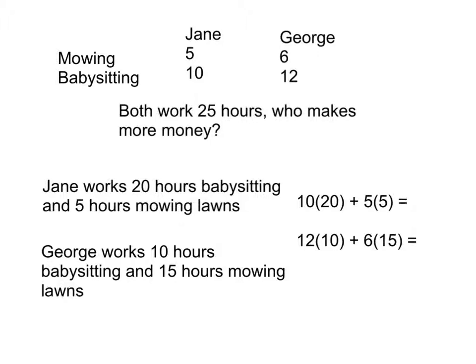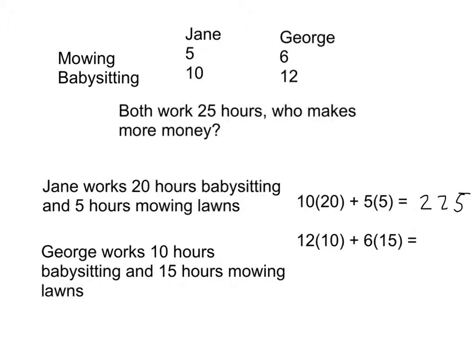So let's say Jane works 20 hours babysitting and 5 hours mowing lawns, and George works 10 hours babysitting and 15 hours mowing lawns. Let's do the calculation. $10 per hour times 20 hours plus $5 per hour times 5 hours is going to give you $225.